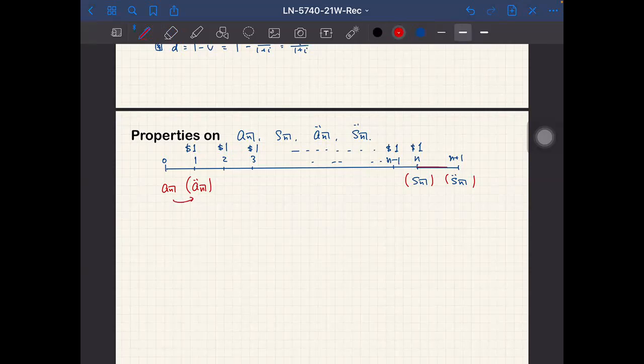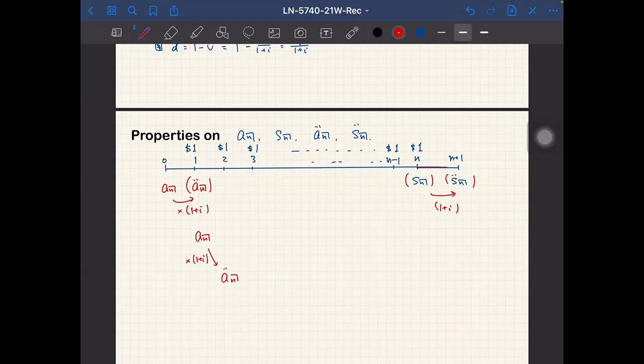If we multiply by 1 plus i here, and multiply by 1 plus i here, that means A right angle n and A double dot angle n differ by a factor of 1 plus i; this is 1 plus i times larger.